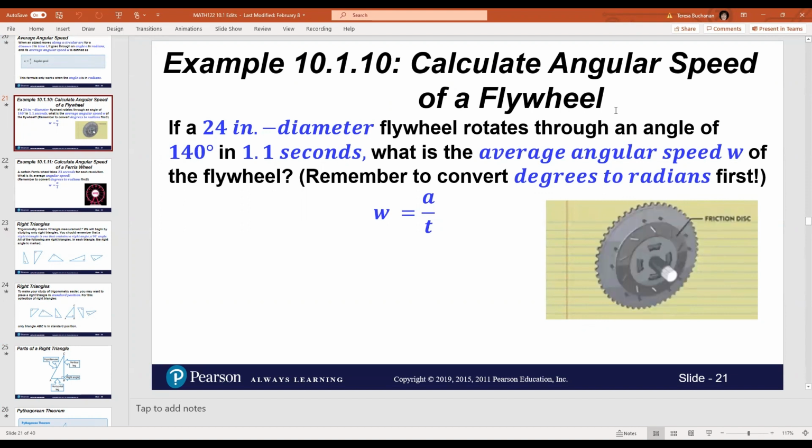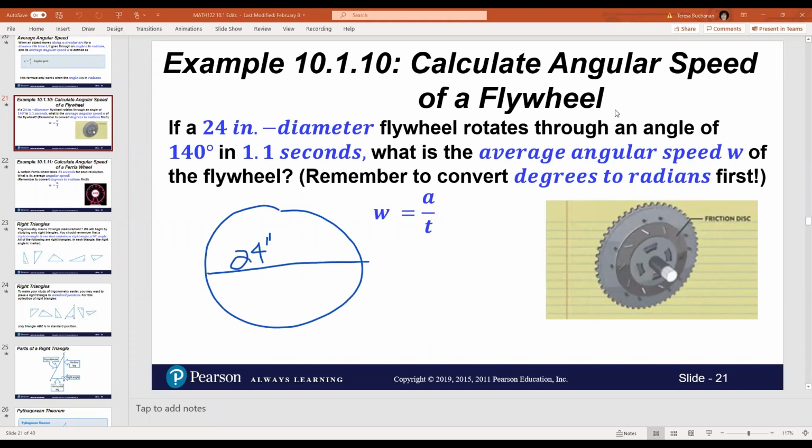If a 24-inch diameter flywheel rotates through an angle of 140 degrees in 1.1 seconds, what is the average angular speed, W, of the flywheel? First, we have to convert the degrees to radians. All right, so let's do that. Let's get the degrees converted to radians and we'll work on the rest of it.